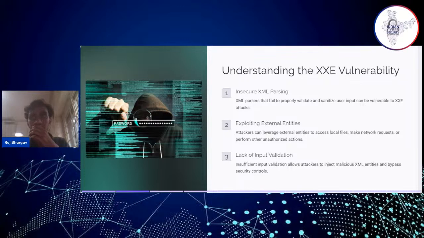In some cases, you can escalate an XXE attack to compromise the underlying server or other backend infrastructure, by leveraging the XXE vulnerability to perform server-side request forgery attacks also. Let's see how XXE vulnerabilities arise.